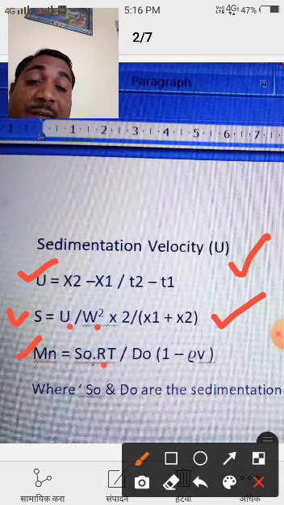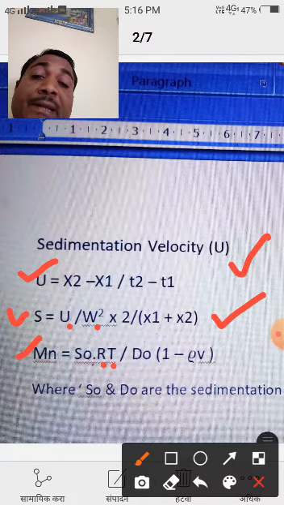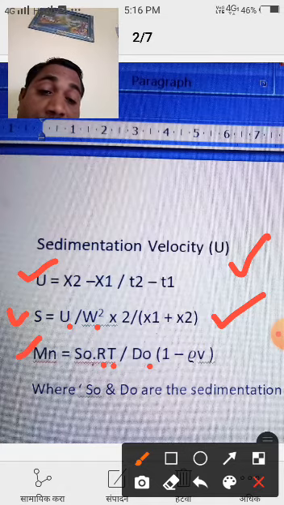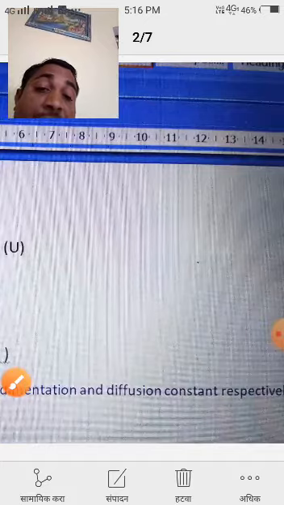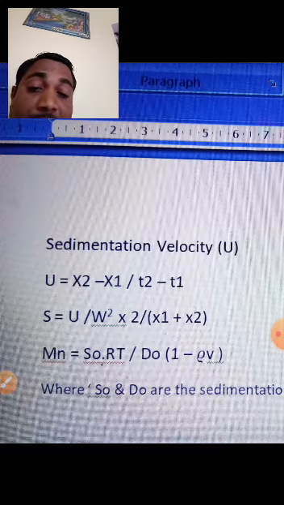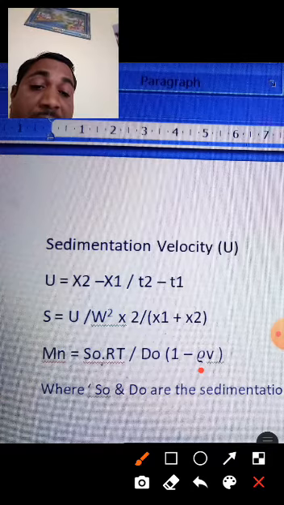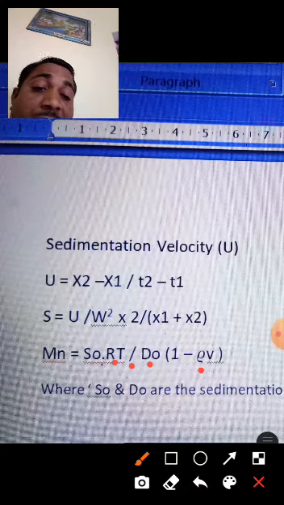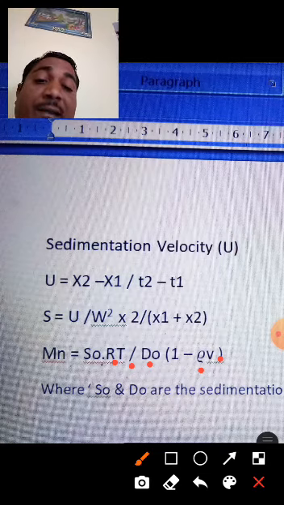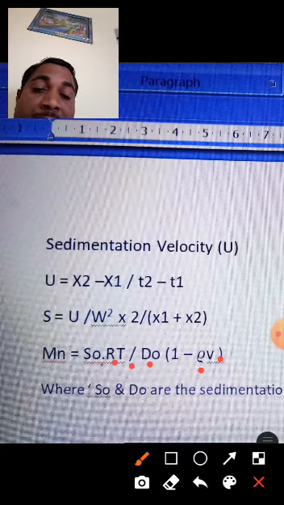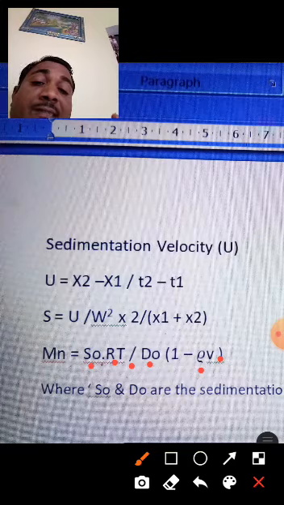R we know is the gas constant, T is the temperature, D0 is the diffusion constant, rho is the density of the given solvent, V, also V bar, is the specific volume of the polymer sample, and here a new term is given, S naught.